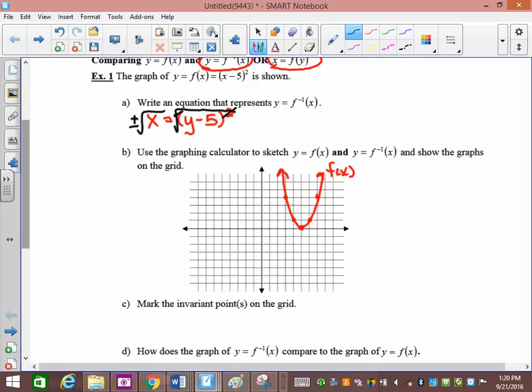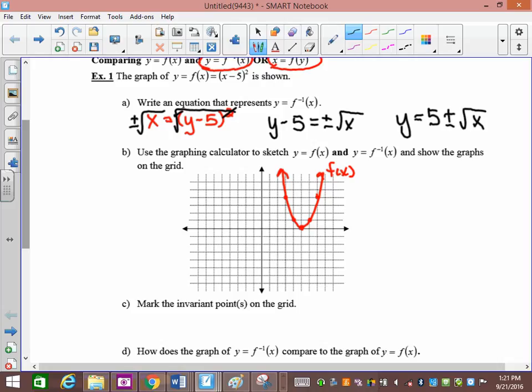You'll know because if you put that into your calculator, you're really only going to have half. What did I forget? Oh, it's plus minus. So now I have y minus 5 equals plus or minus root x. And I can just switch sides with these. Nothing changes. And then I add my 5. So I'm going to get y equals 5 plus or minus root x.